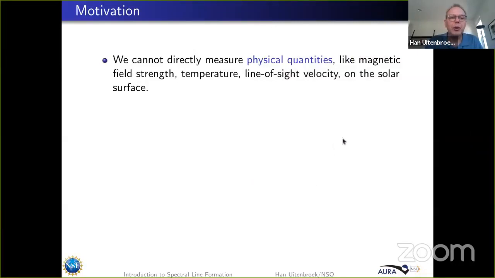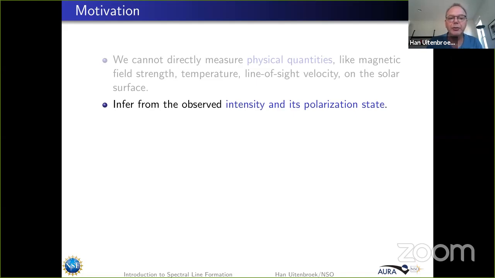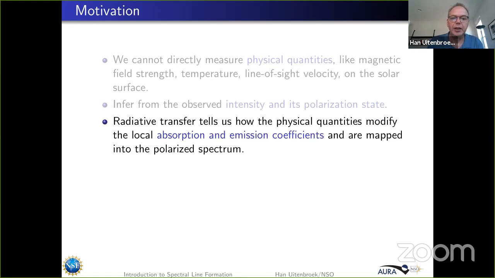So what is the motivation of these workshops that we are organizing? Of course, we cannot directly measure physical quantities like magnetic field strength, temperature, line of sight velocity on the solar surface. Instead, we have to infer those quantities from the intensity and its polarization state.